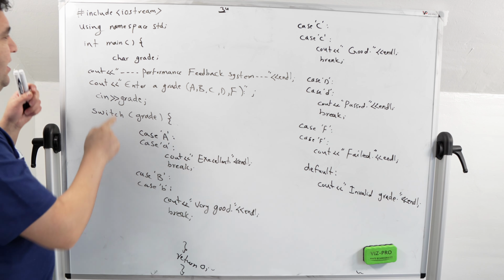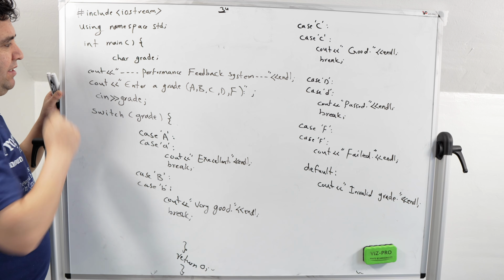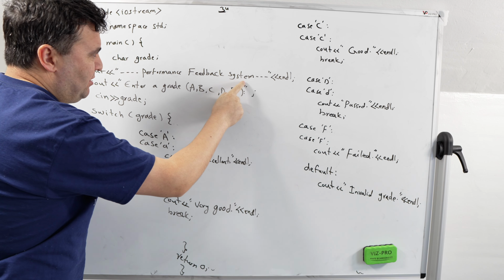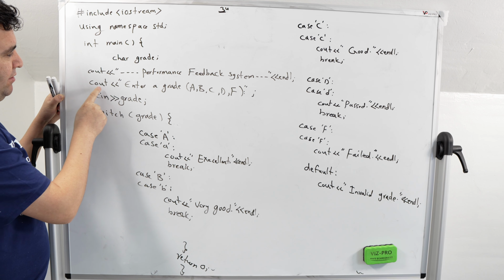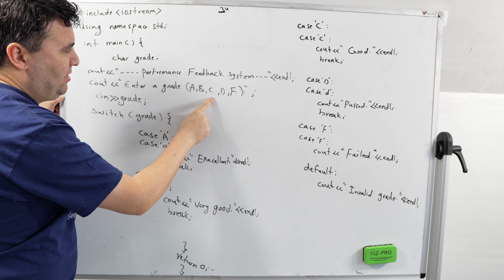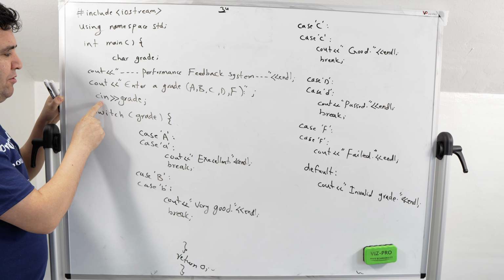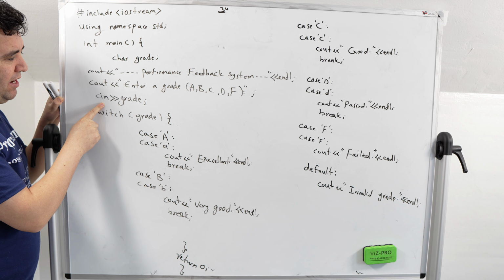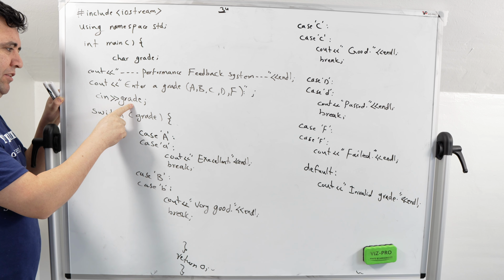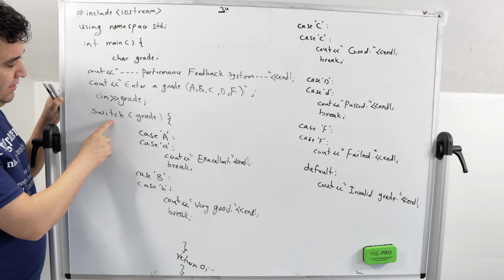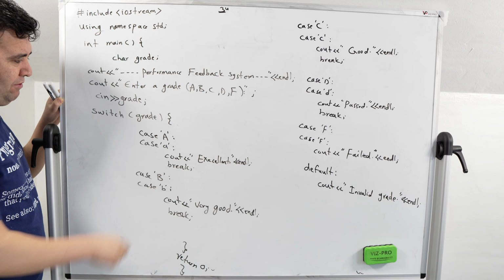So we first declare a variable called grade, and then we cout performance feedback system. And we then ask the user to enter a grade like A, B, C, D, F. When the user enters the grade, we store that grade inside the variable grade. And then we switch the grade.